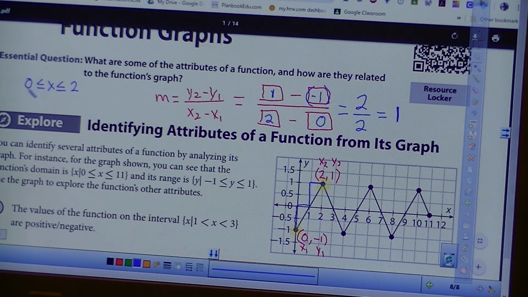So they gave us the x values, then we have to go to the graph to get the y values, so we can use our slope formula to come up with the average rate of change. Because when you see that, that is code for slope.